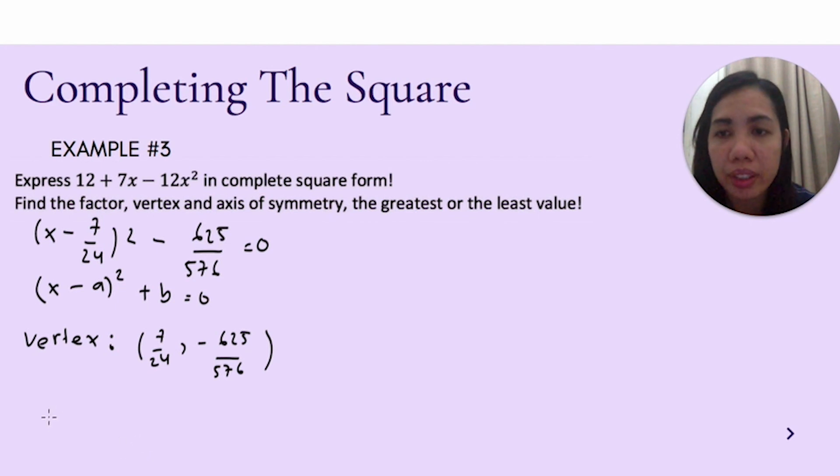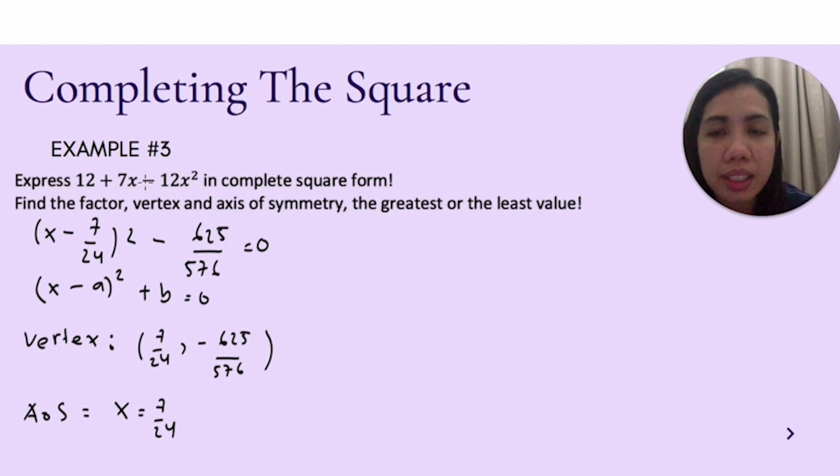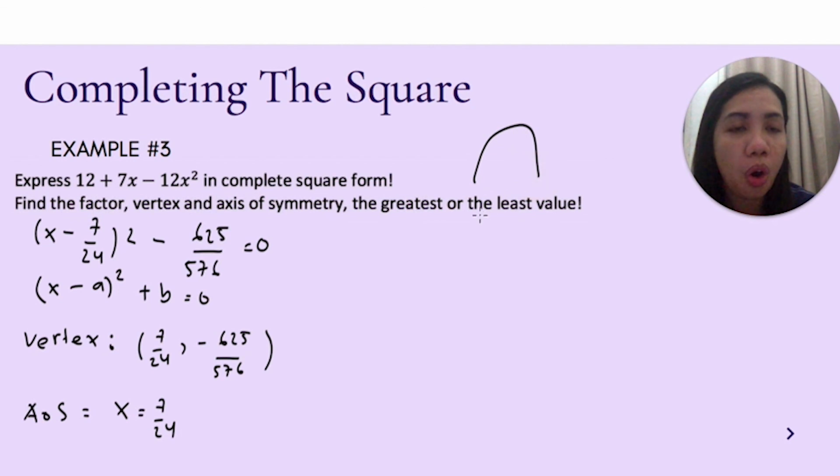That is the vertex. And how about the axis of symmetry? The axis of symmetry is the x coordinate of the vertex, which is x equals 7/24. And then for the greatest or the least value, okay, look at this. The value of a is -12. If a is a negative number, then we have an open downward parabola, so we'll have the greatest value.